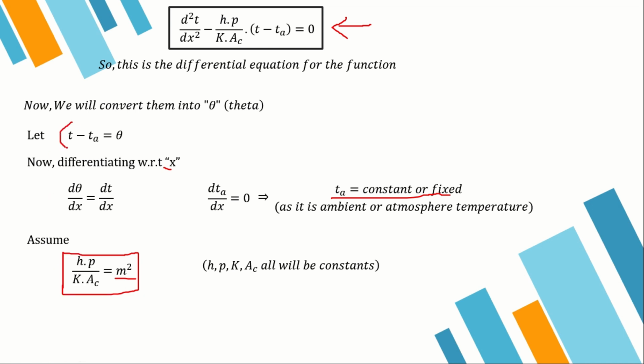After differentiating, we have found that dT by dx is equal to d theta by dx, and we have also assumed that h into p divided by k into Ac is m square.